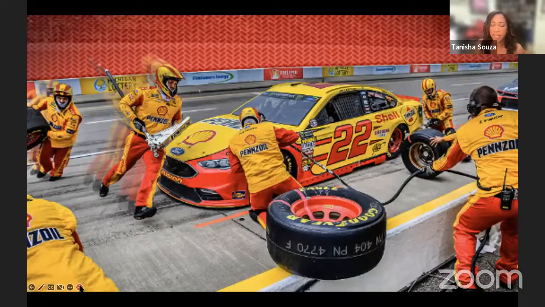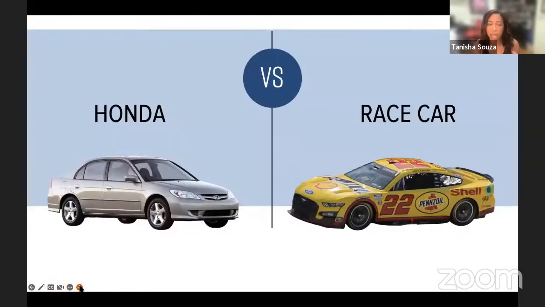Now, think of it like this. Think about a race car. If you put a race car on a track with a Honda and you're trying to see who can go 2 laps fastest, which car is going to win? It's going to be the race car. Why? The race car goes faster and it uses a different type of fuel.